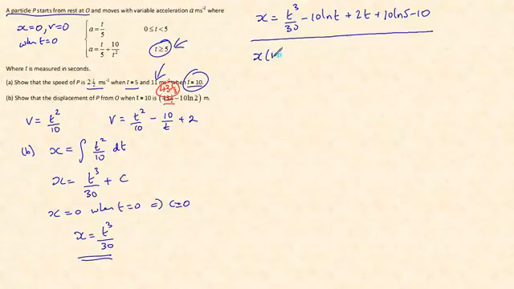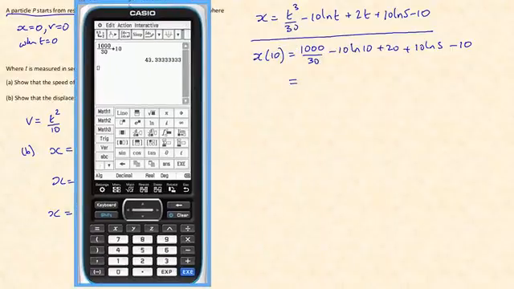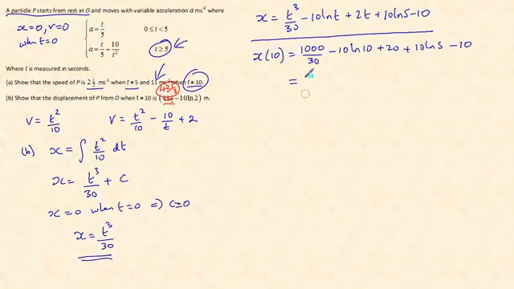So we want x of 10. That's going to be 1000 over 30. Take away 10 ln 10. Add 20. Add 10 ln 5. Take away 10. Now as far as the numbers are concerned, we've got the 1000 over 30, add 20, take 10, which is the same as doing this, and that is 43 1/3.